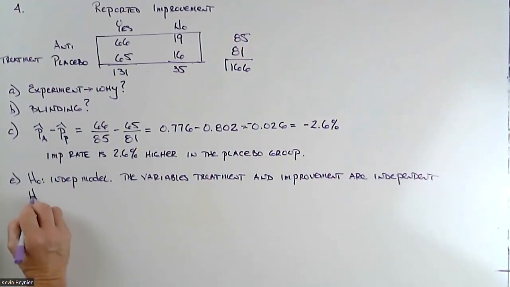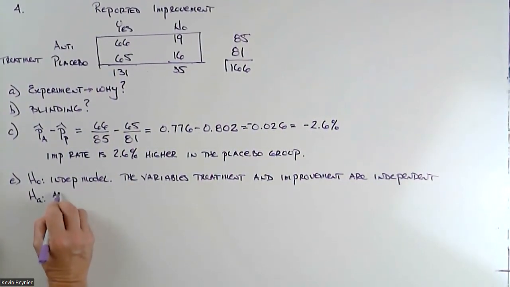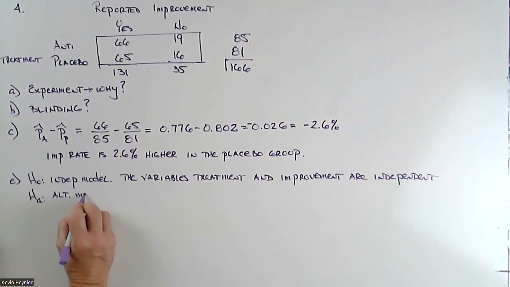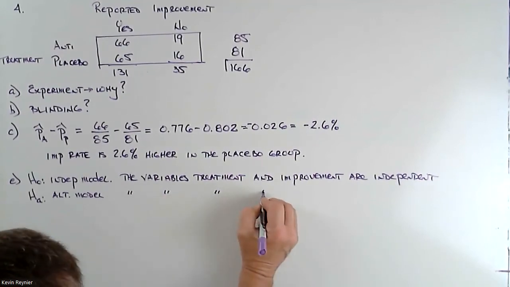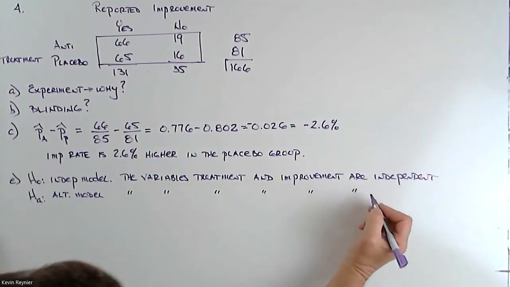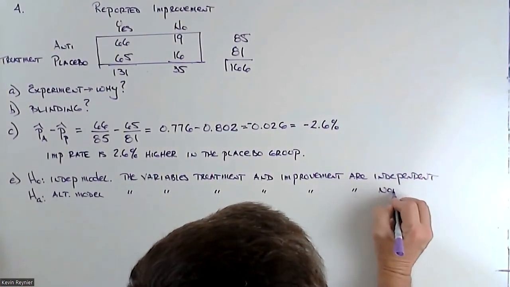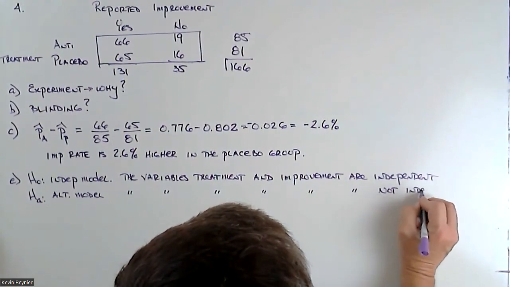And then the alternative model is that the variables treatment and improvement are not independent.